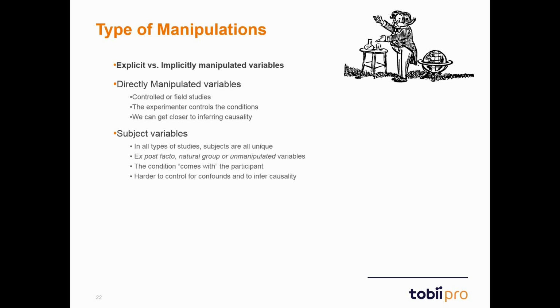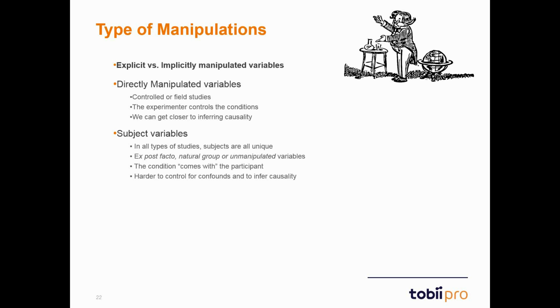But there are also the subject variables themselves. In any study that you do, each person that's coming in is going to be to some degree a bit unique, and you never know for sure whether your experimental treatment actually worked, or maybe it was just because of a particular thing about this participant, or maybe there was just some sort of random fluctuation where they had a good day or a bad day or who knows what.